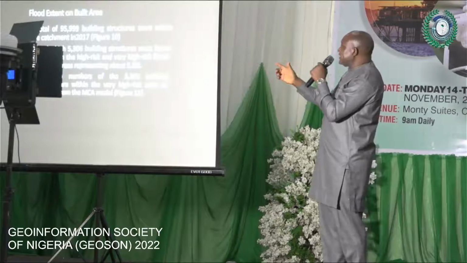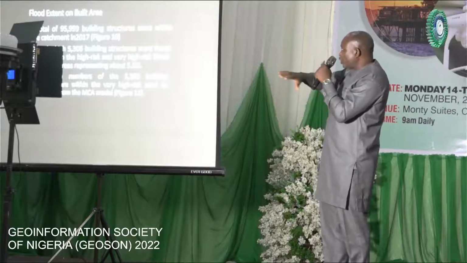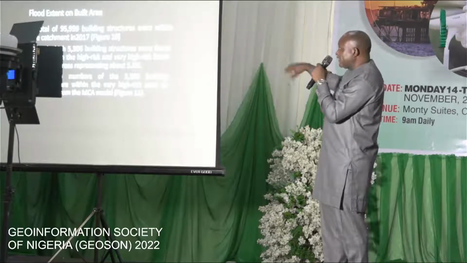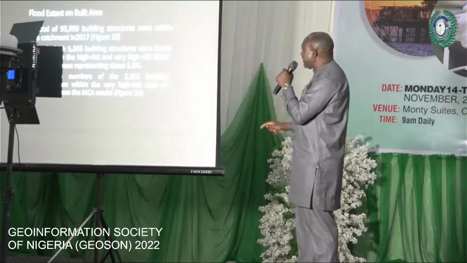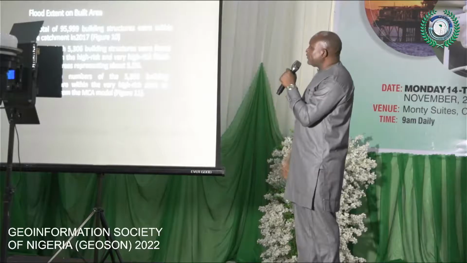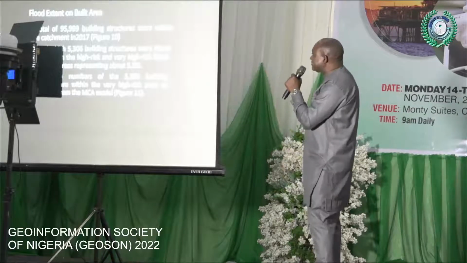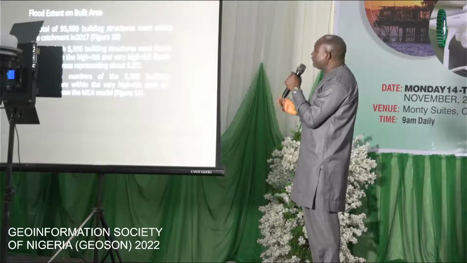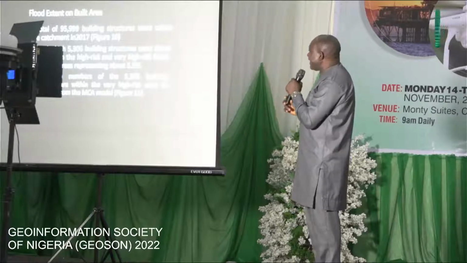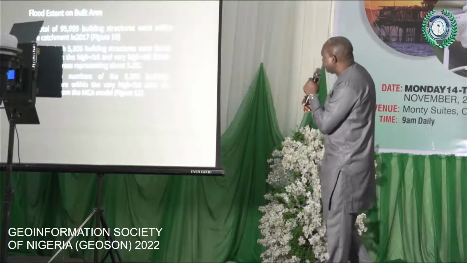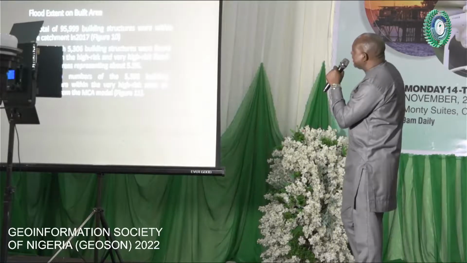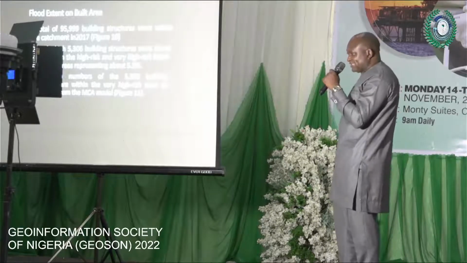The total buildings within the structure of the catchment area is 95,999, out of which 5,306 building structures were found to fall within the high risk and very high risk flood inundation areas, representing about 5.5%.